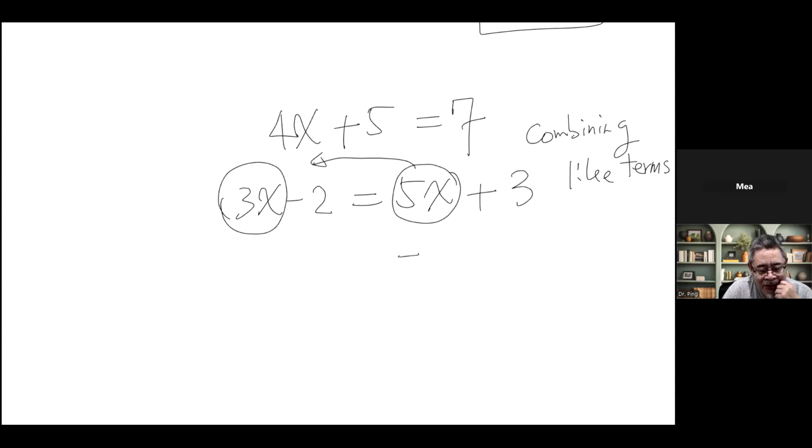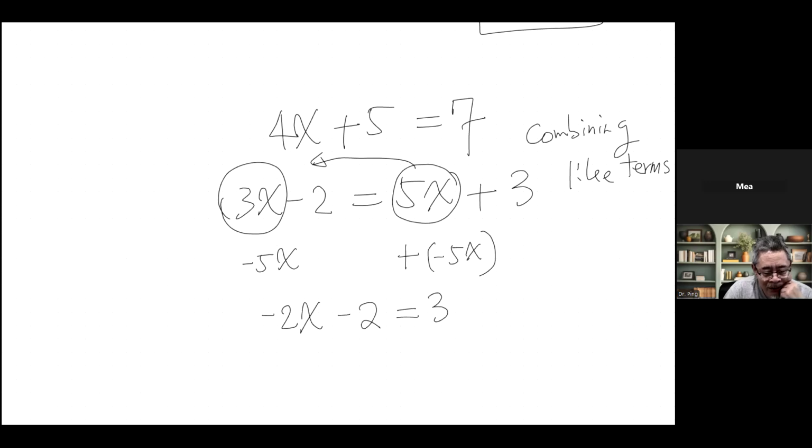So if you want to move this one, it's negative 5x on this side, and this is a negative 5x. So therefore, 3x minus 5x, of course, is negative 2x. Then the other side, they got canceled, 0. And 0 plus 3 is 3. So we just write it like that. And we don't have to keep writing 0. We'll just say 0 plus 3 is 3.